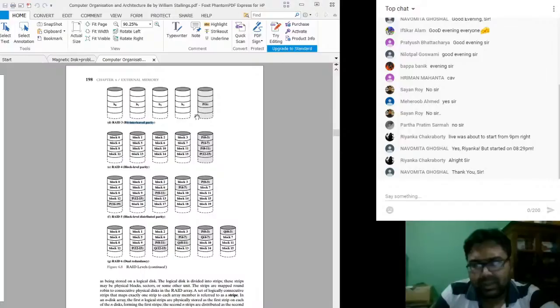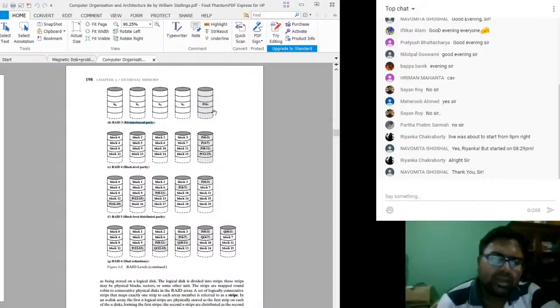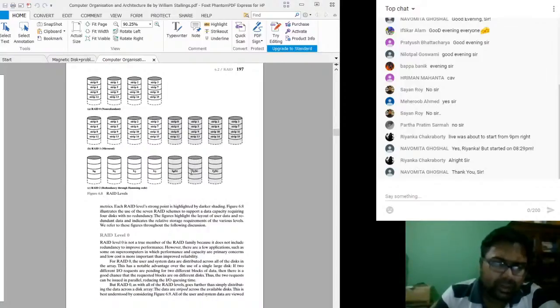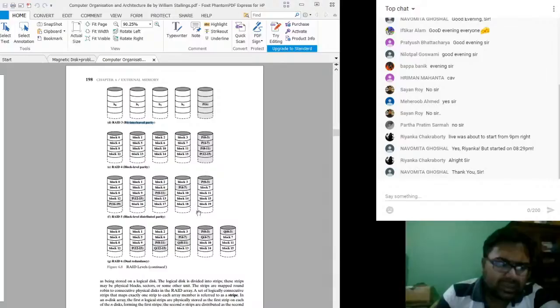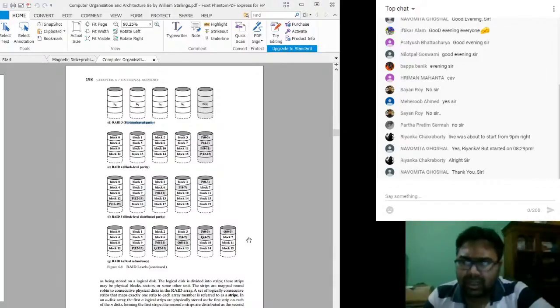So a separate disk is assigned to maintain this parity. The rest of the schemes basically have these error correction mechanisms and are just modifications of the same thing. RAID levels 2 to 6 all have these error correction mechanisms.